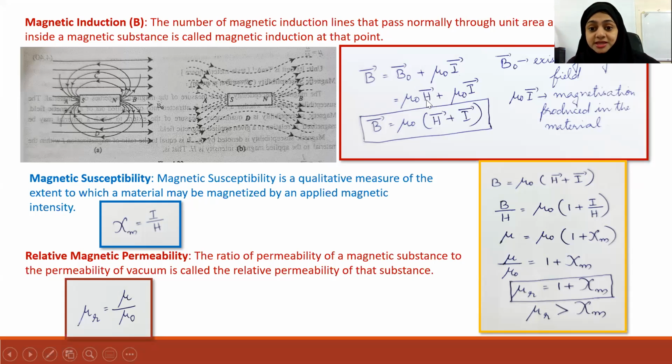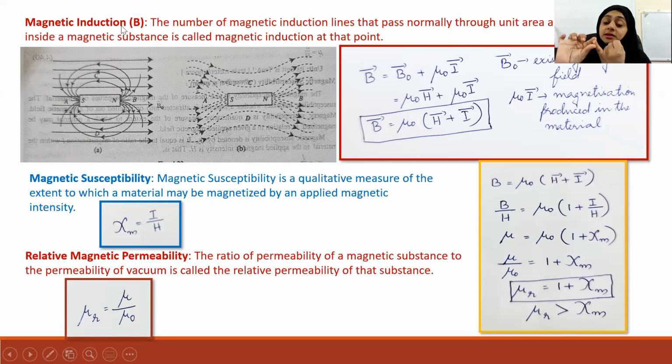And we learned that H is equal to B by mu, so B is equal to mu H. So B naught, the existing magnetic field in vacuum, can be expressed as mu naught H. So mu naught becomes common here and can be taken out. So the total expression for magnetic induction is mu naught times (H plus I).